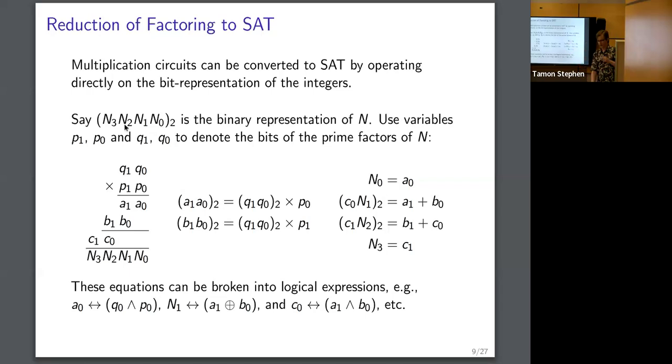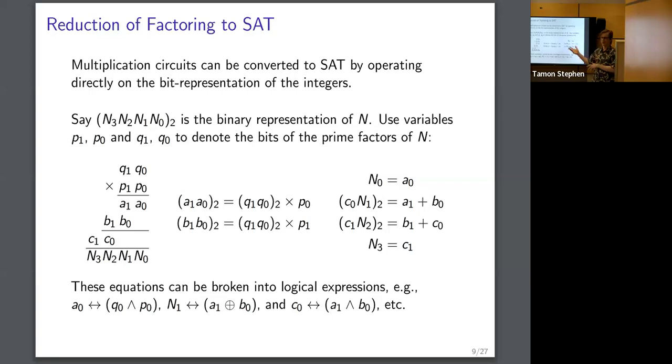Okay, so we know these binary digits. Let's say N also has 2 prime factors. In this case, for example, both the prime factors have 2 binary digits, right? So we can represent them by p1, p0, q1, q0. Okay, well, what you can do now is set up a symbolic multiplication problem, right? This reduction is basically based on the school book method of multiplication.